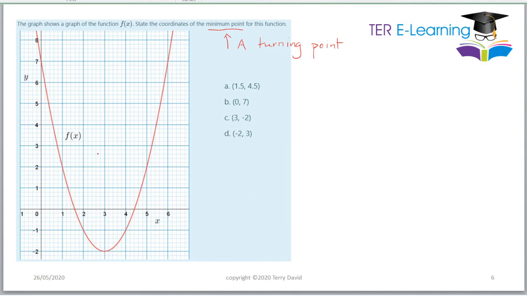So they want to know the coordinates of the minimum point. I think most of you all got this question. So what do you all think is the answer for this one?